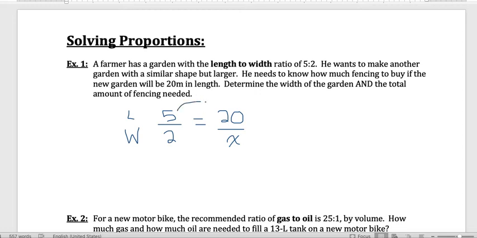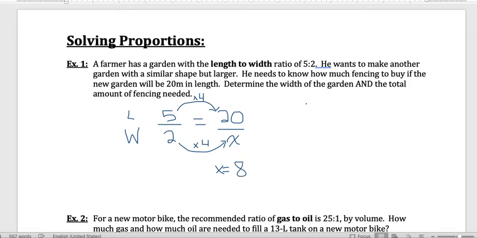So how did we get from 5 to 20 using multiplication? Well, we multiplied by 4. So that means we multiply 2 by 4, and that will give us the width of the garden. So that would be 8. So x would be equal to 8.